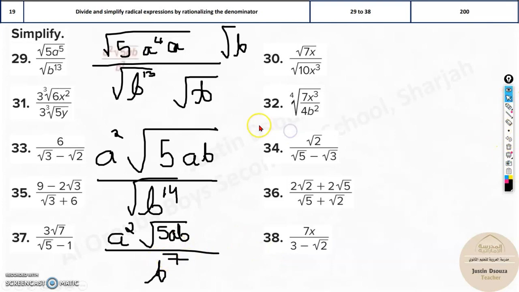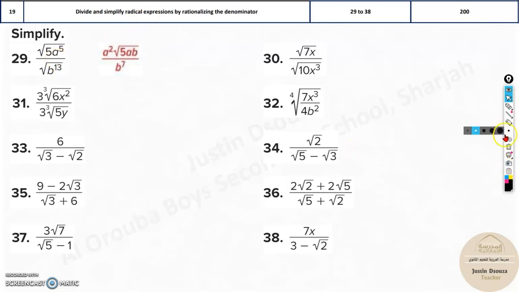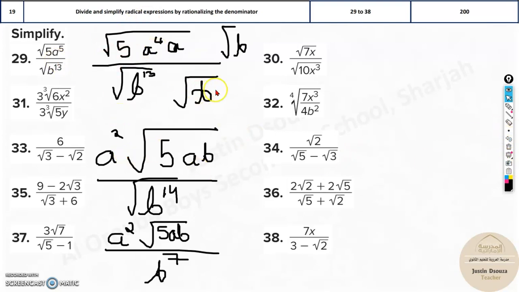We are going to get a whole number. You can see a squared root 5ab divided by b to the power 7. What basically happened in this method is that we multiplied root b up and down because we cannot keep this non-rationalized. We have to get this as a whole number. That is the reason why we take it as 7.